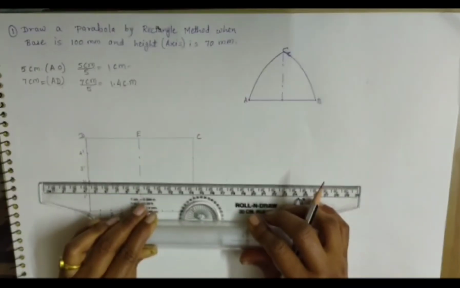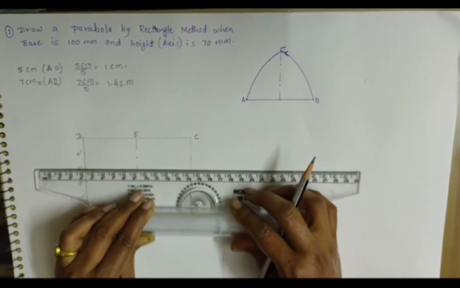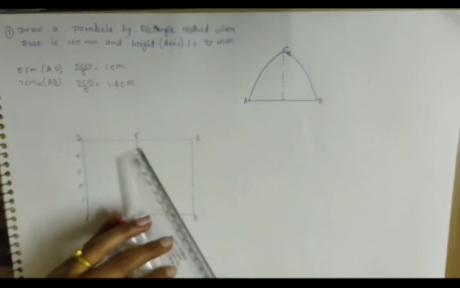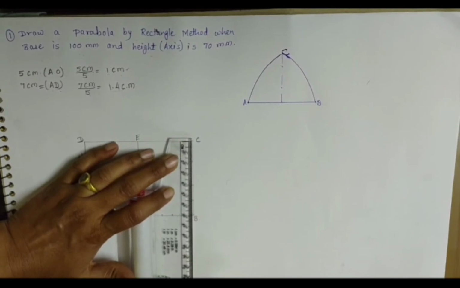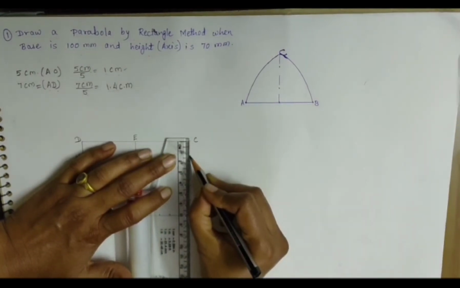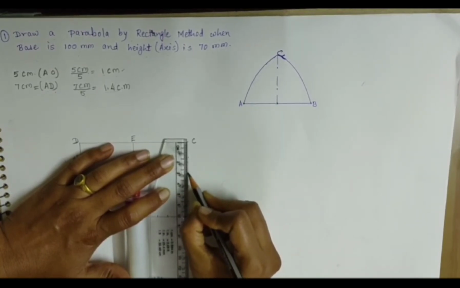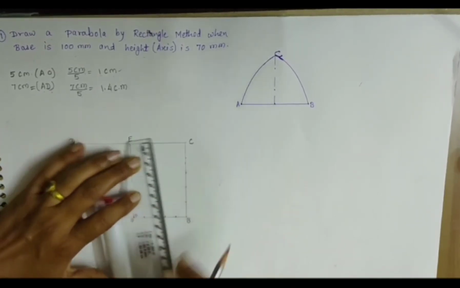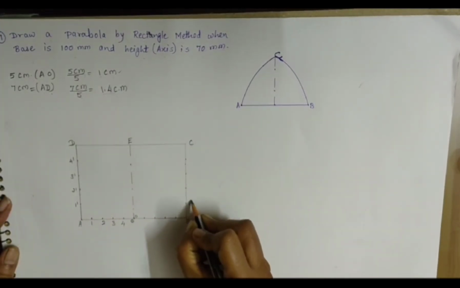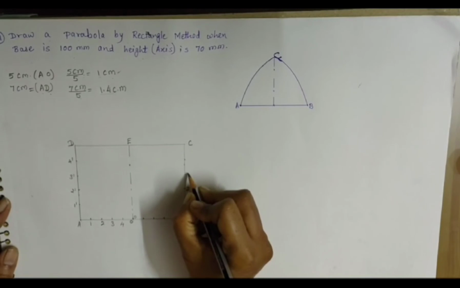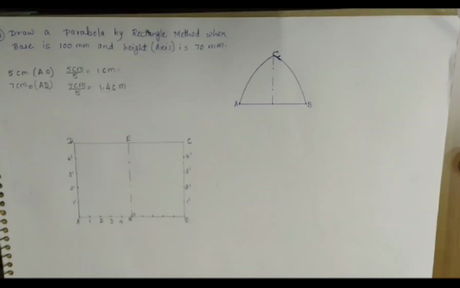First point, second point, 1.4, 1.4. Again give the naming as 1 dash, 2 dash, 3 dash and 4 dash.